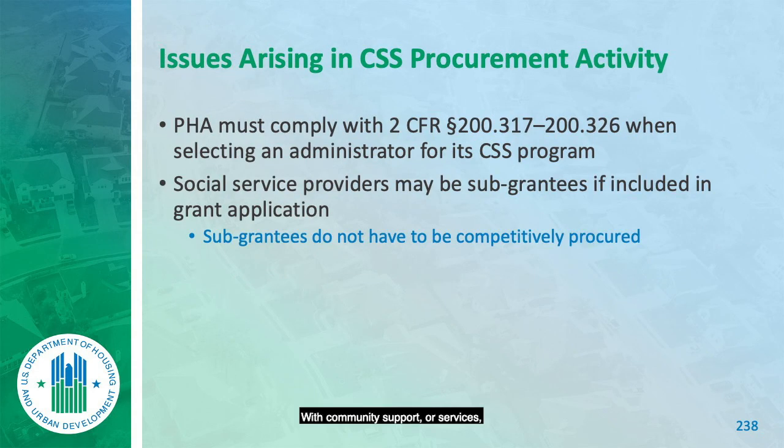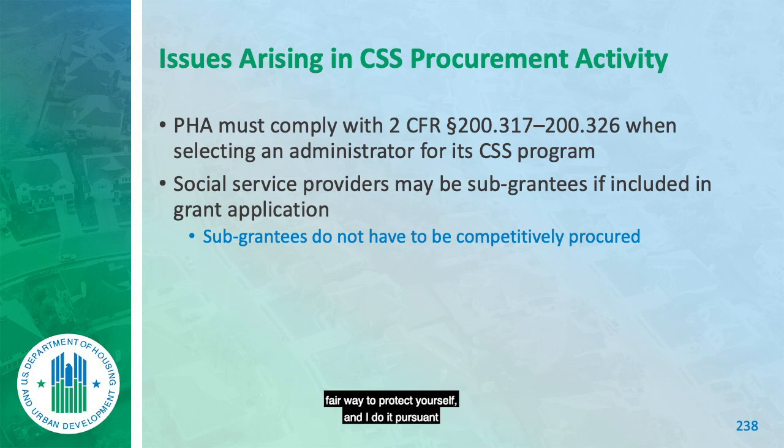With community supportive services, you must comply with 2 CFR 200 when you are selecting the administrator of that program and when you retain those services. I do RFPs for everything.